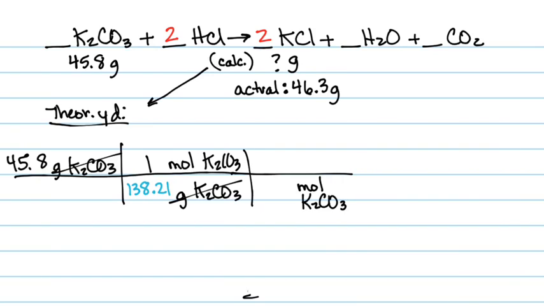Our unknown is KCl. This is where we do our mole ratio step and use our coefficients. KCl's coefficient is 2. Potassium carbonate is 1. Those units cancel. That stops at moles of KCl, but we have to get to grams of KCl.